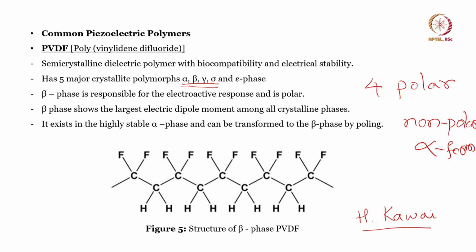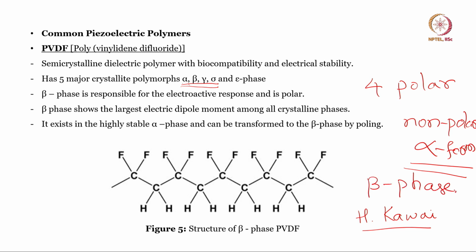So, the alpha form is the non-polar form and the remaining are polar forms. Generally the material exists in alpha form, but this alpha form can be transformed to the highly piezoelectric form of PVDF, that is the beta form or beta phase.